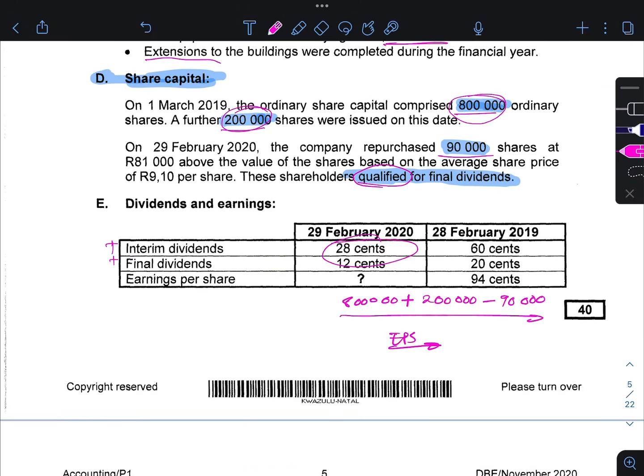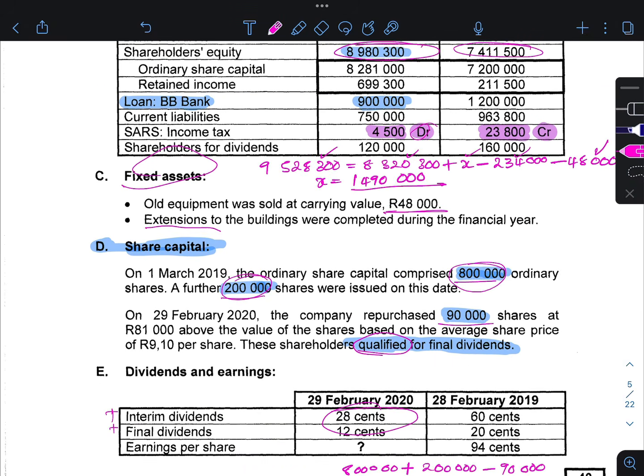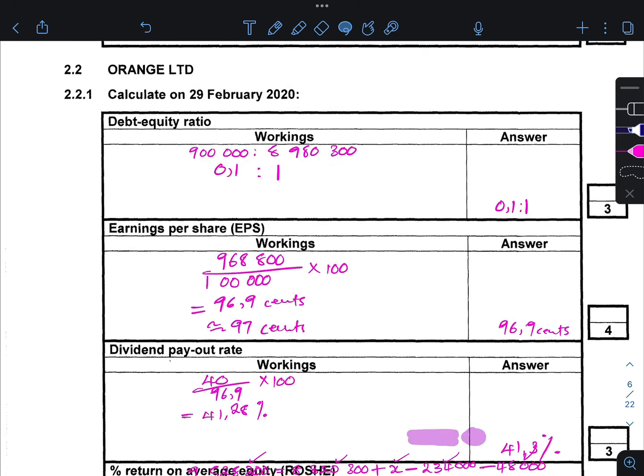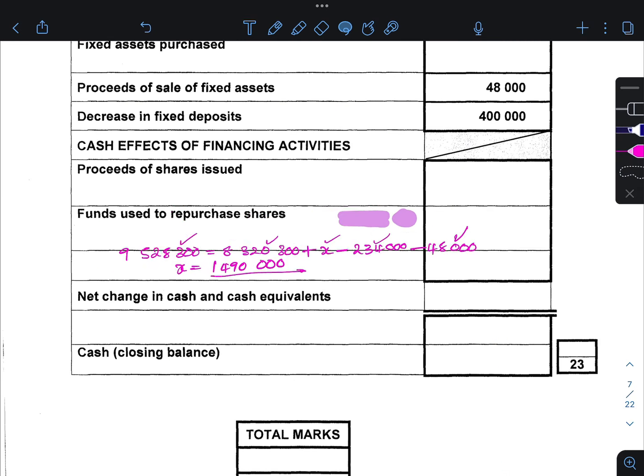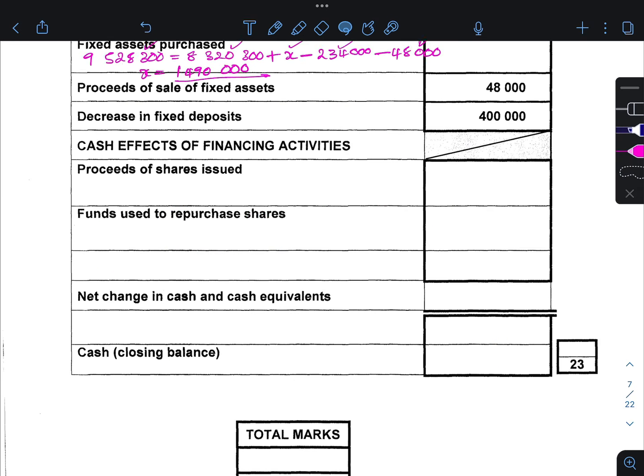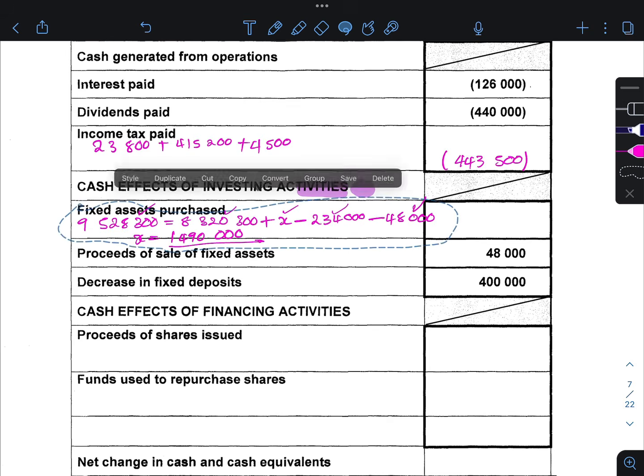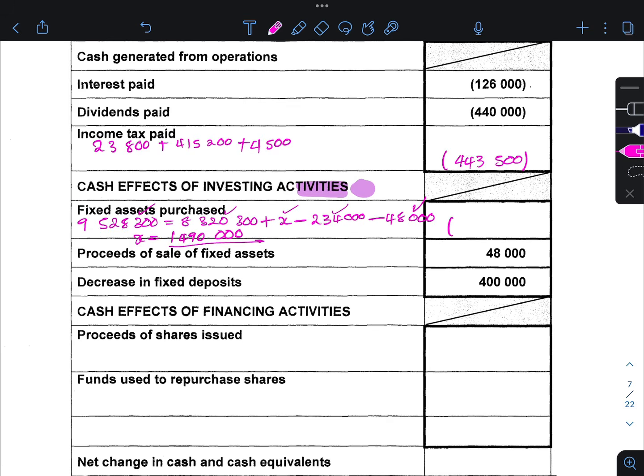Okay, we can just simply take this calculation and move it down. Okay, there you go. So it's an outflow. It's 1,490,000.